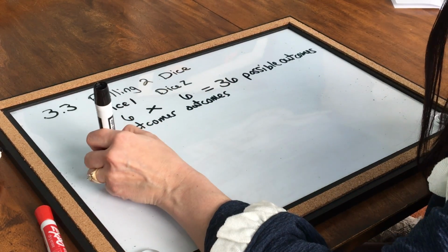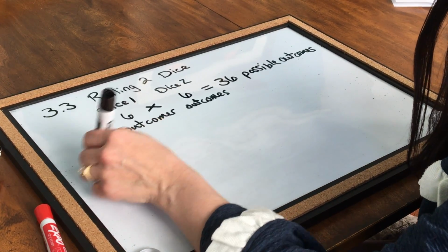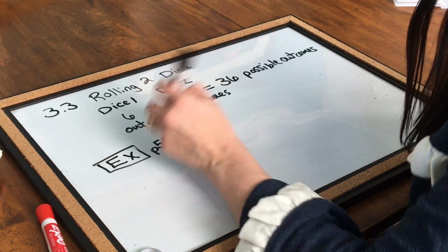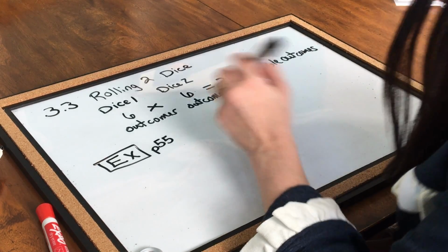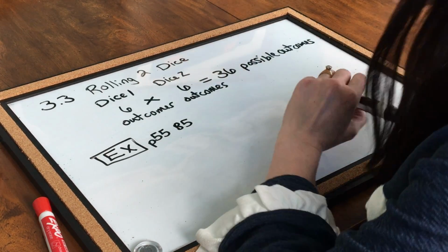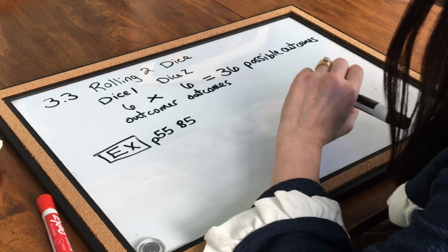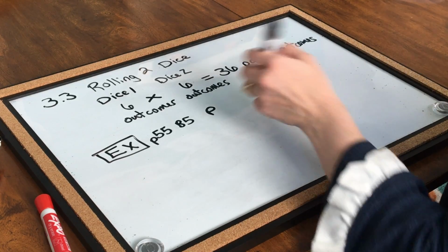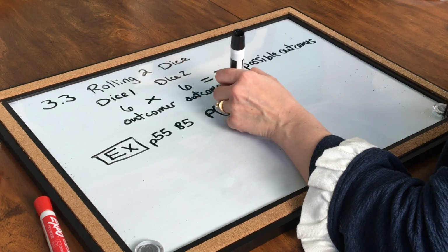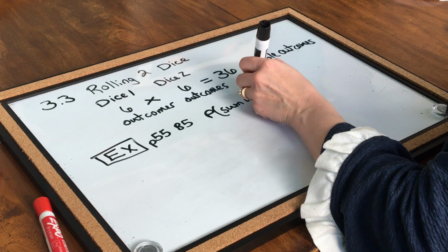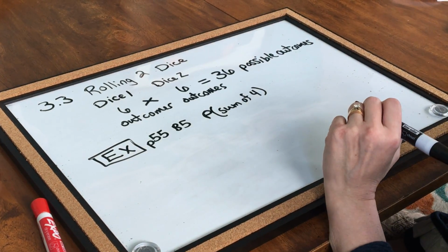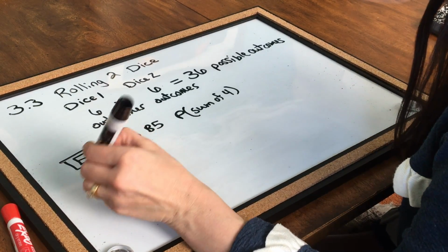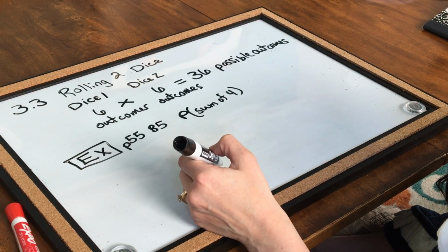Let's take a look at an example problem with this. I'm looking on page 55, at B5. B5 says, what is the probability of getting a sum of 4? So we're going to call this the probability of getting a sum of 4 on 2 number cubes, okay? First of all, how many ways can we get a sum of 4?